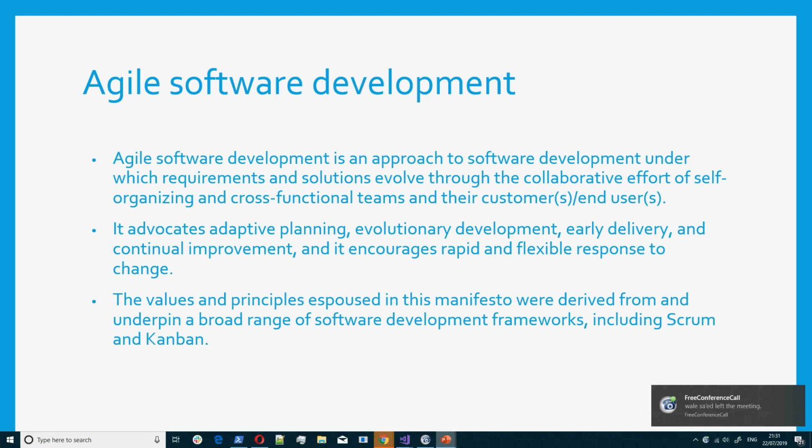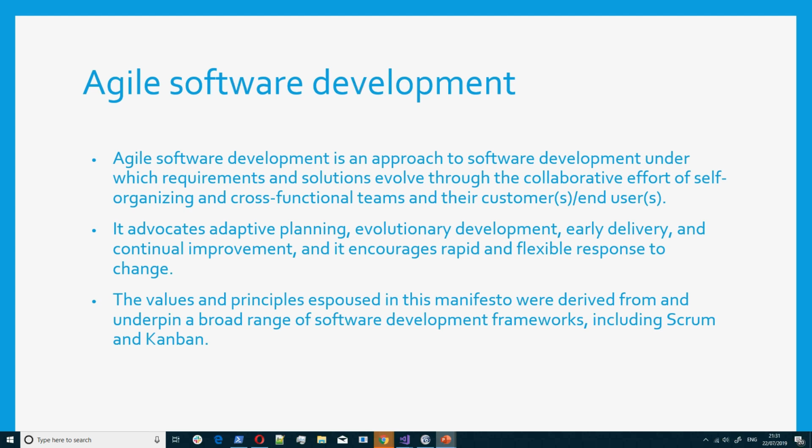And there's a manifesto that Agile is based on. So we'll look at them, and there are different types of Agile frameworks that are used. By my opinion, this is my opinion, I think the popular ones would be Scrum and Kanban. And there is also XP and the likes.